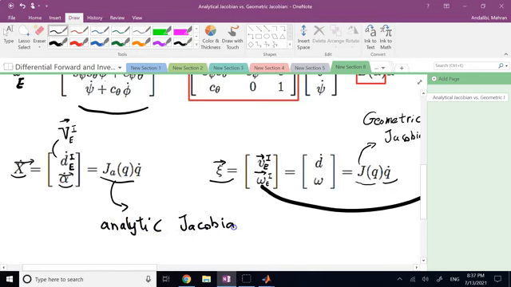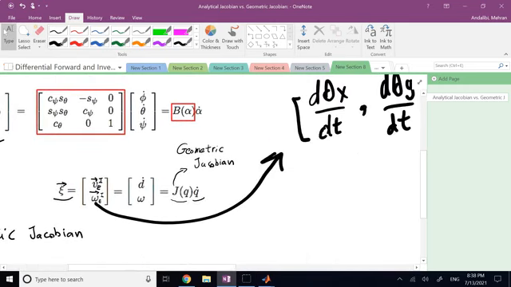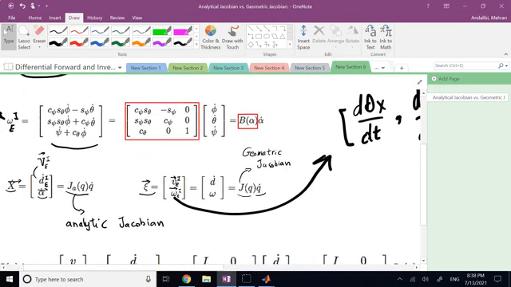And now the question is, are these two, geometric and analytic, which are using different angles and of course different angular velocities, related? By different angular velocities, I mean phi dot, theta dot, psi dot versus theta x dot, theta y dot, and theta z dot. Can I relate them?